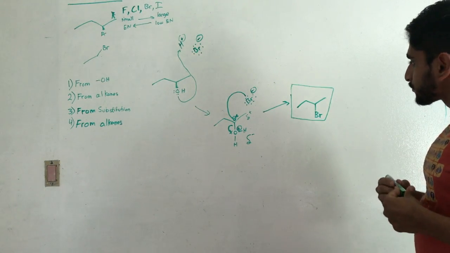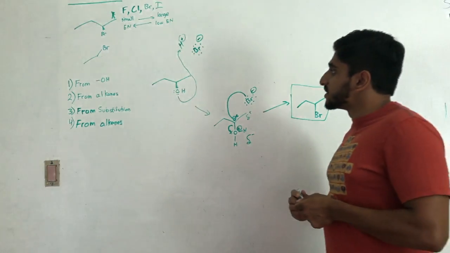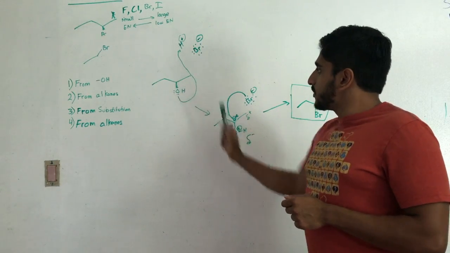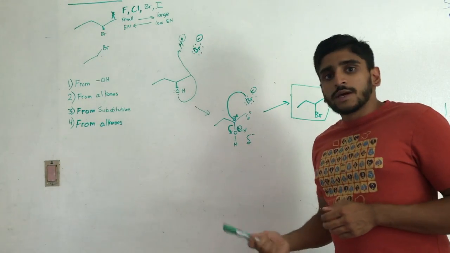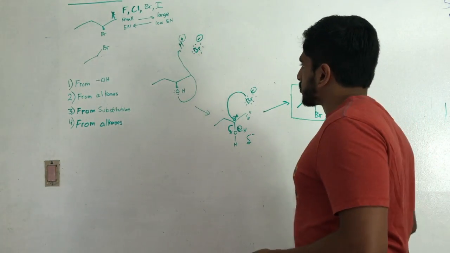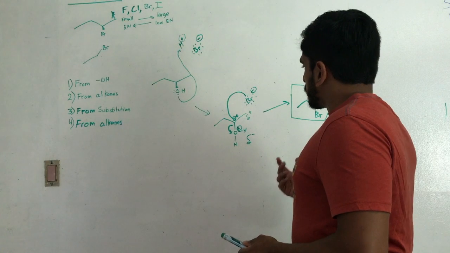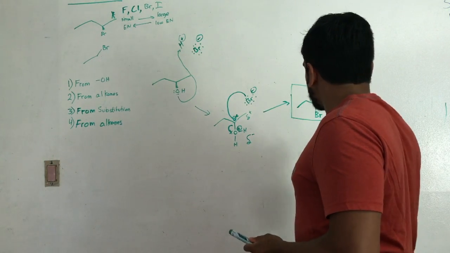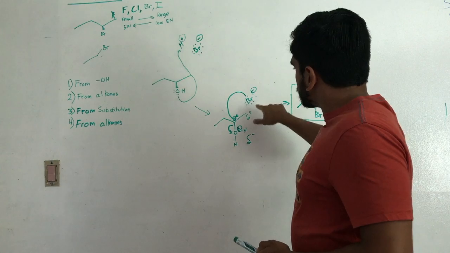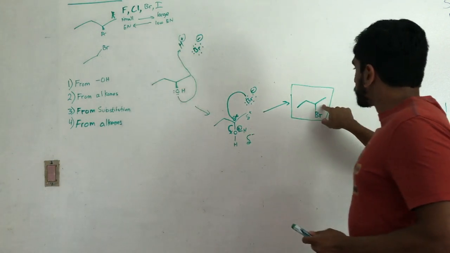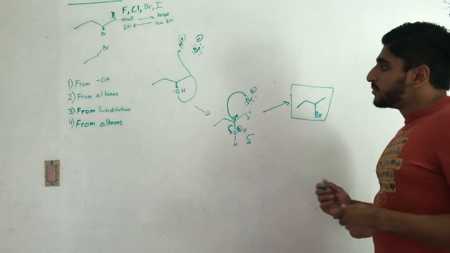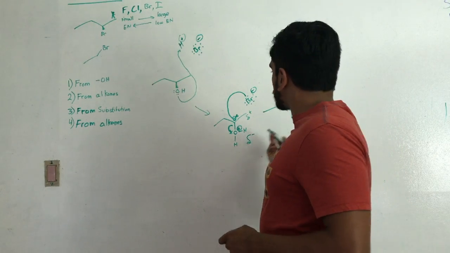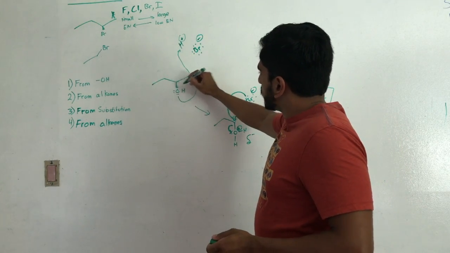So one thing to note with this system is I've not drawn the OH in either dash or wedge, and that's because it can be both dash or wedge. And what's important to note is that in this reaction, the stereochemistry is going to reverse. Why? Because let's assume for simplicity's sake that the OH is a dash.